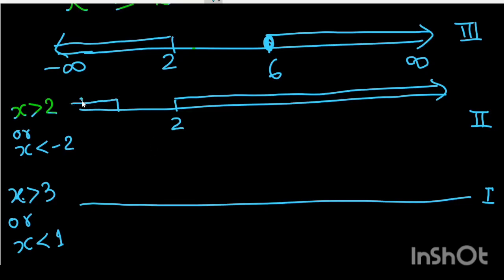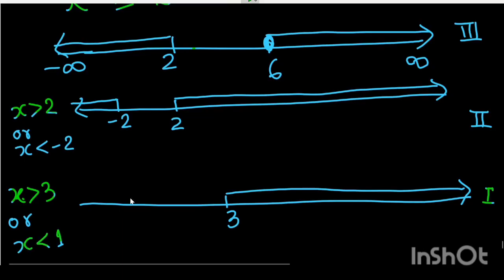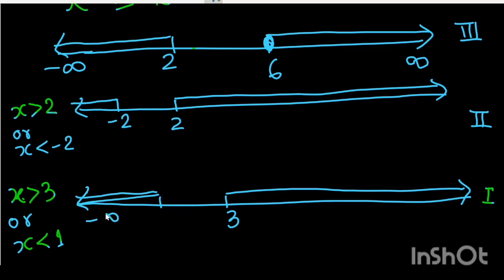So less than minus 2 would be like this. Okay, now the first one we will plot x greater than 3. So x greater than 3, 3 would be here like this, and x less than 1. So 1 we will plot. 1 is somewhere here. Okay, like this, minus infinity to 1.